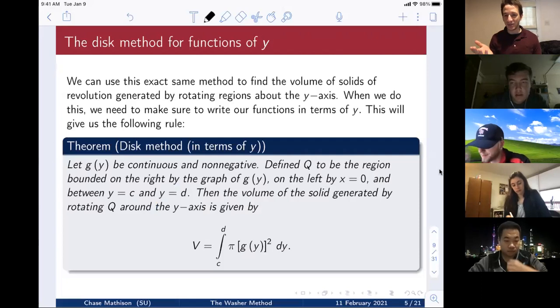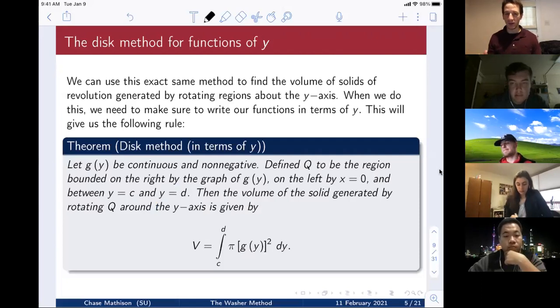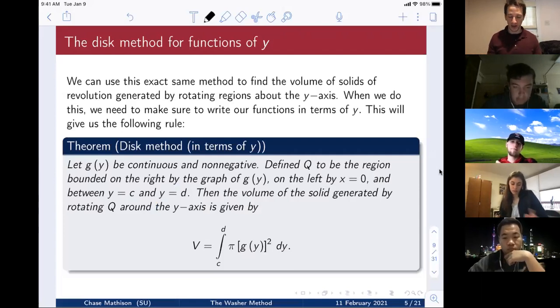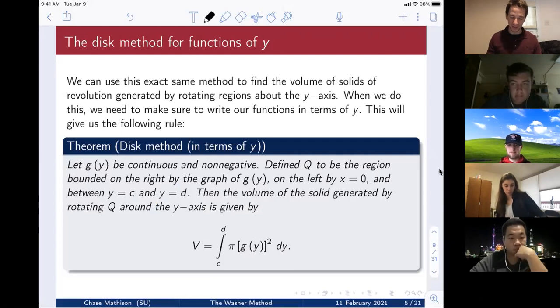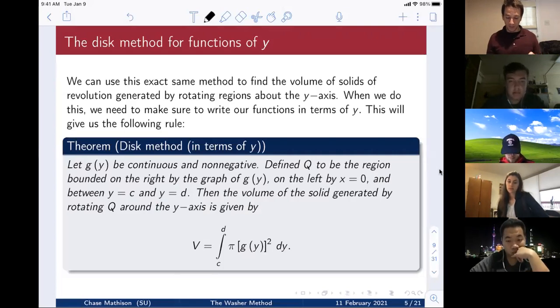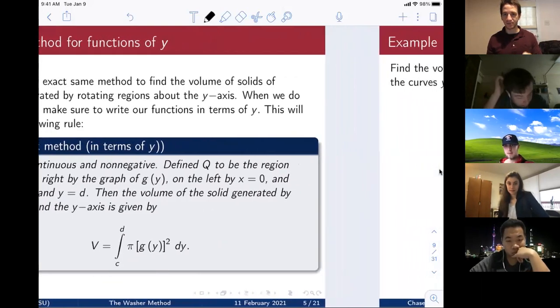If ever I ask you to find a volume of revolution, that's going to be true right away. You should worry about the hypothesis of the theorem, but when you apply it, that's going to be satisfied. So any questions about this? Again, it's not really anything different, just y's instead of x's.